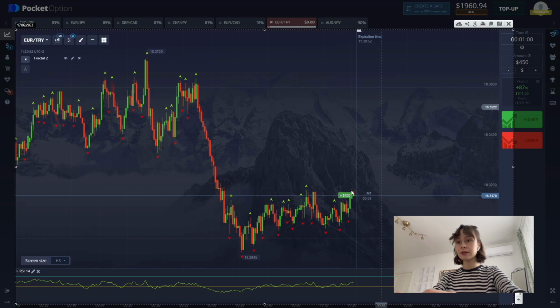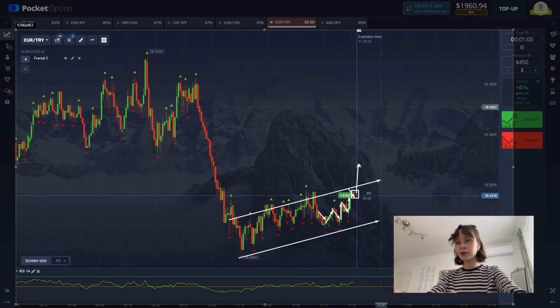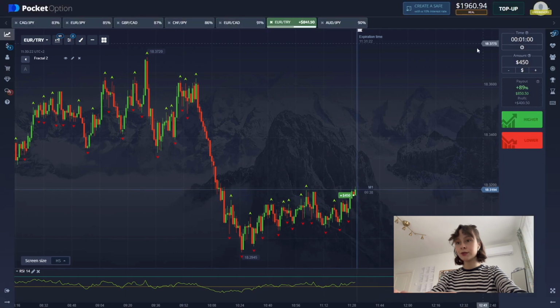It's good actually, because the upward dynamic is dominating the chart, and after a little pullback, the support of the movement is happening, the upward dynamic is happening. This pullback should finish and the movement should go upwards according to the trend.